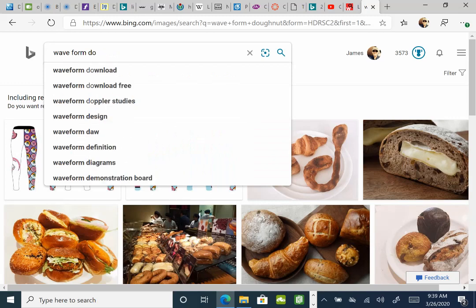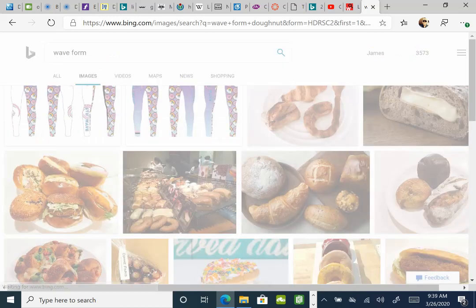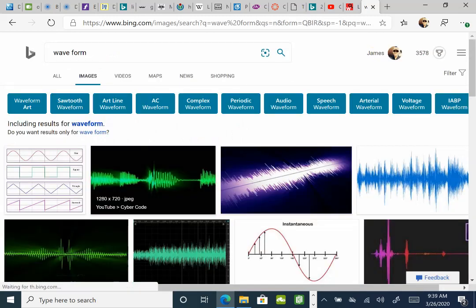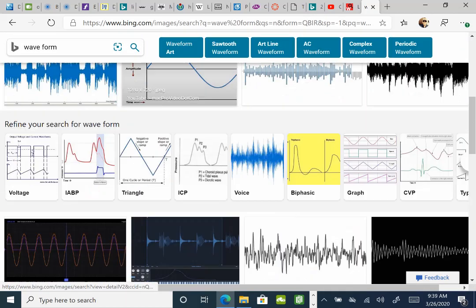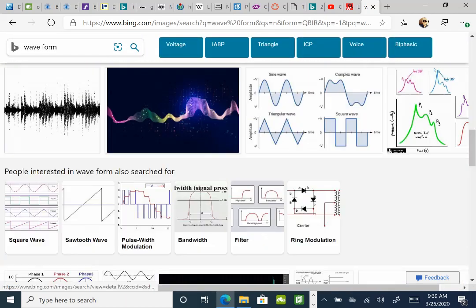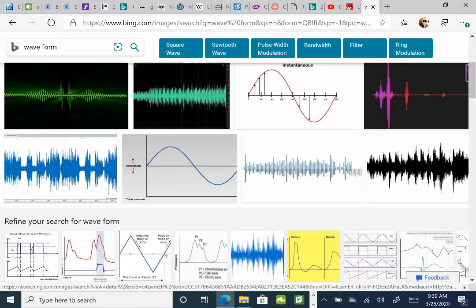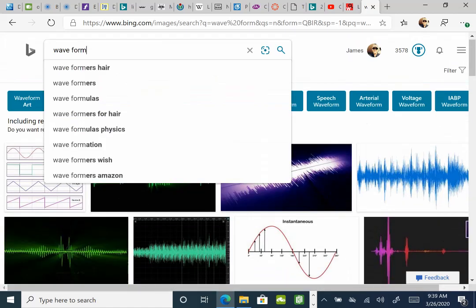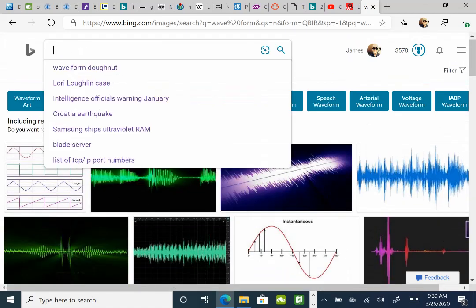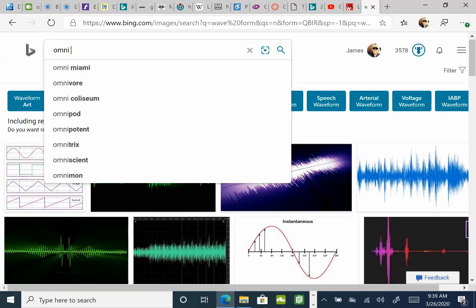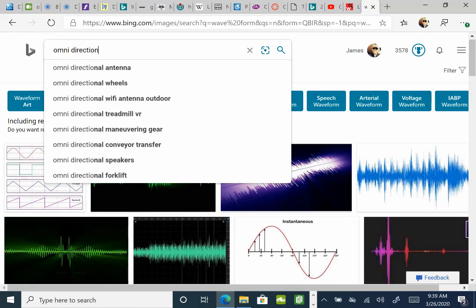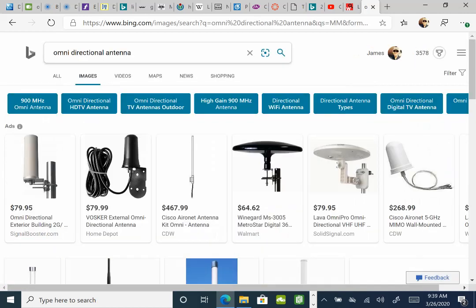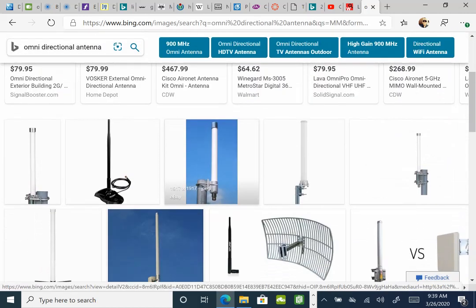That's not really going to help us. Waveform. These are all flat waveforms. They're all showing it two-dimensionally. Let's put in omnidirectional antenna. There's a bunch of omnidirectionals.